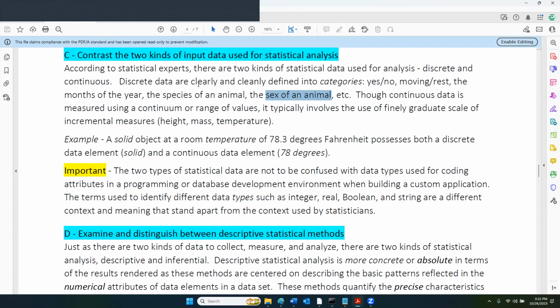Any questions about the two different kinds of input data? No. Okay.